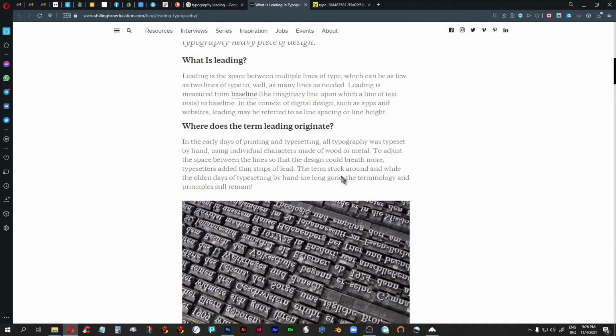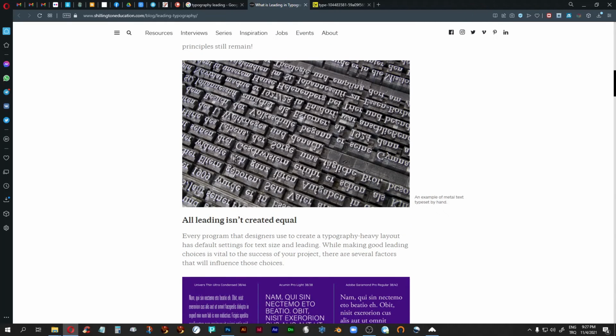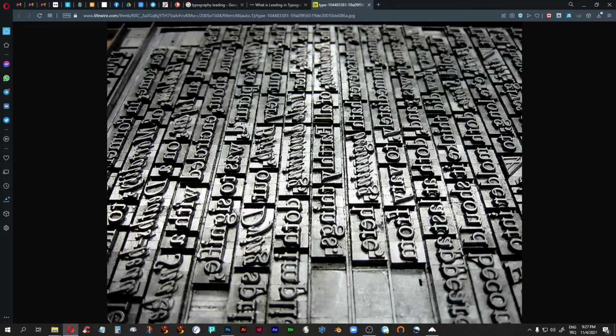But if you look here, you will see that historically, when people used to do typesetting with individual little lead characters, then in order to increase the space between the lines, they would add these thin lead strips, kurşun in Turkish, in order to widen the space between the lines, as you can see here very clearly. And that is why this is actually called leading.